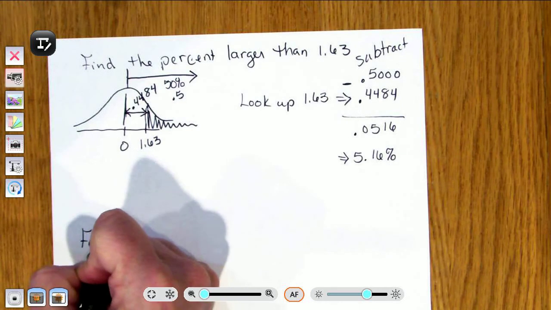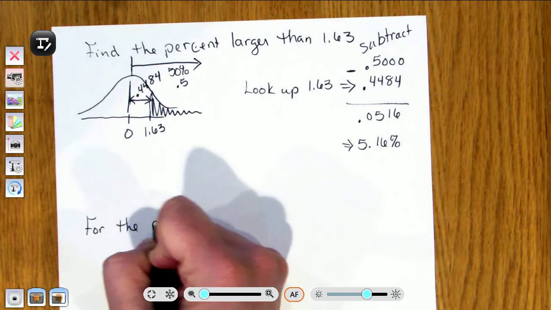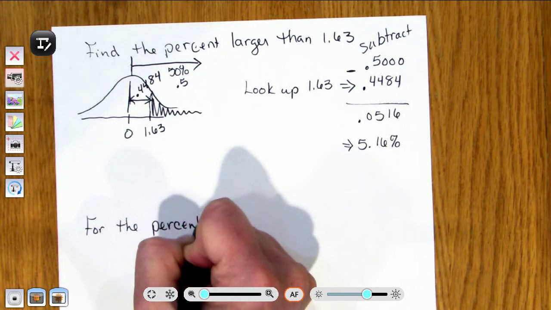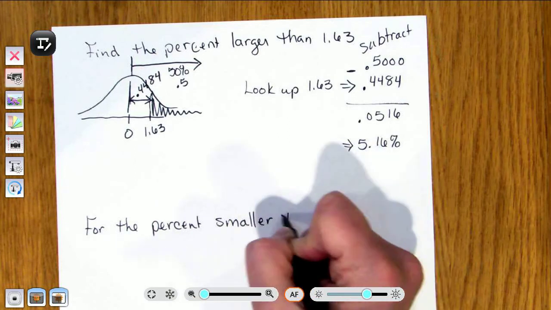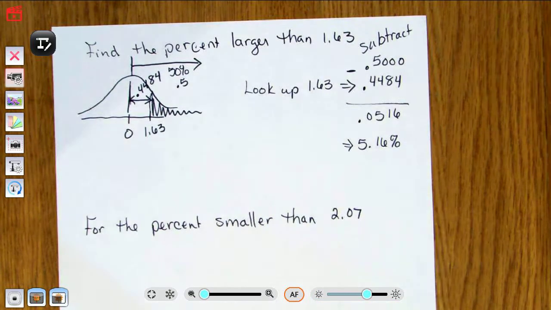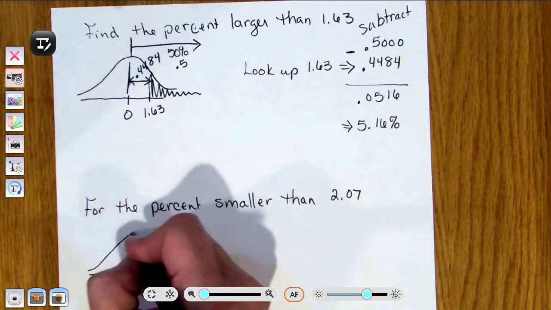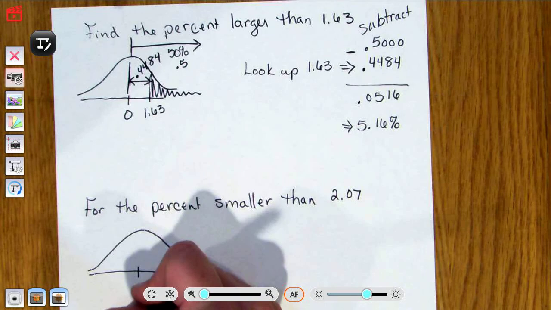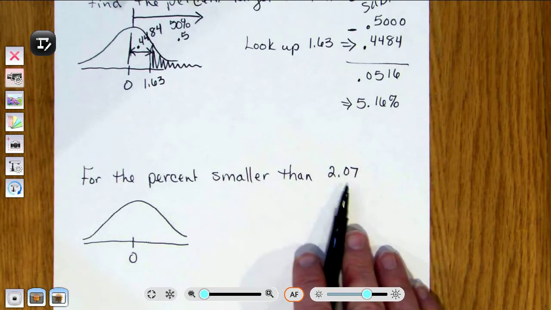Last example for this video. We're going to find the percent smaller than 2.07. Okay, here's 0. I always like to mark the middle so that I know where this guy is.